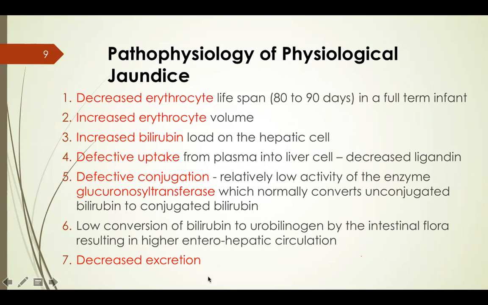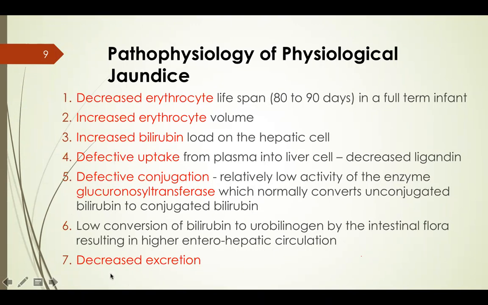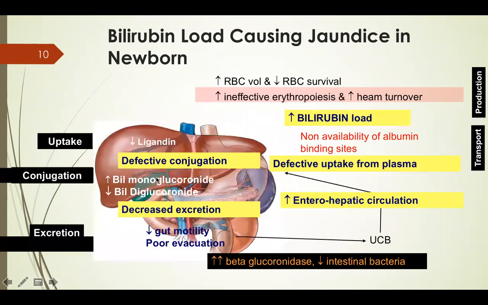Because of this difficulty, they will end up going back to the intrahepatic circulation, with decreased excretion. That's why they understand that when the baby has good stool output, they will have less jaundice.